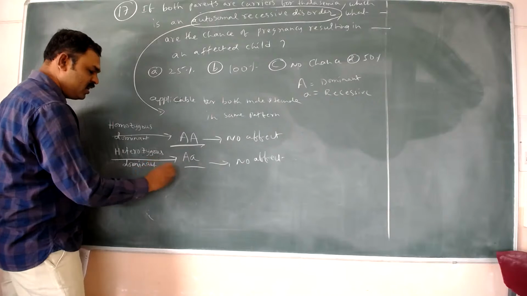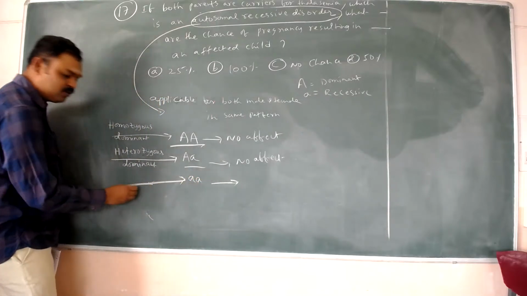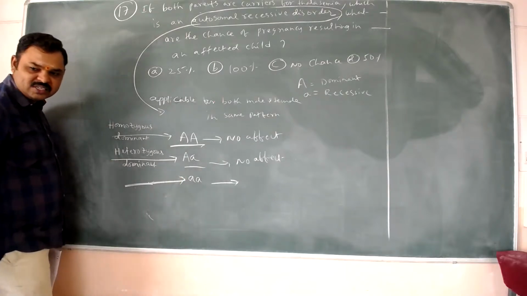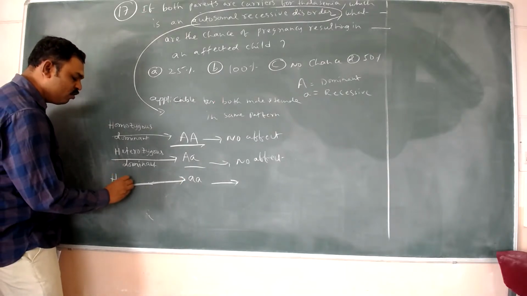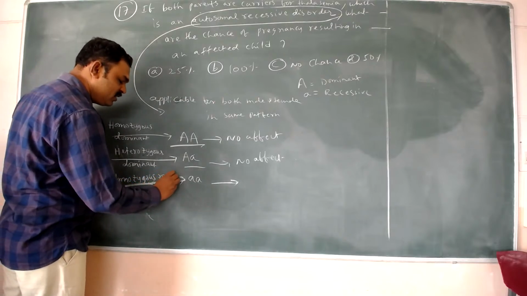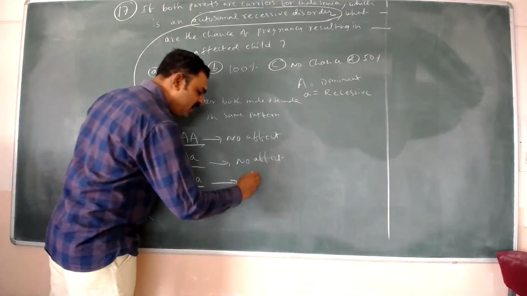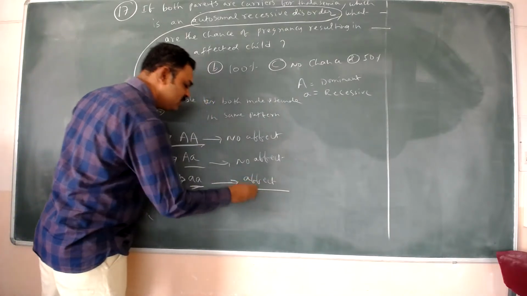Now you see this one. What is this here? Homozygous recessive, with small a alleles. This is the homozygous recessive. In this allelic pattern, what will be the effect? The individual is affected.